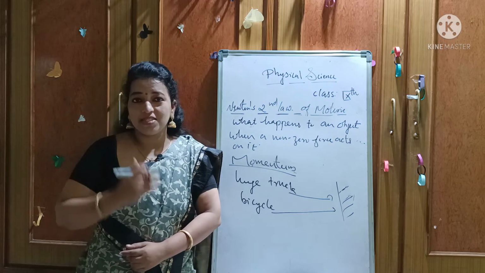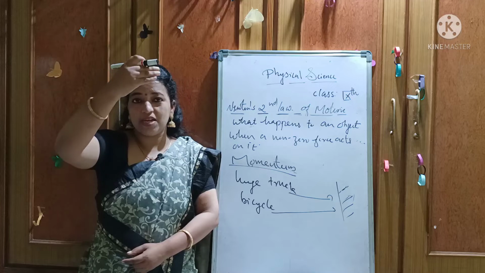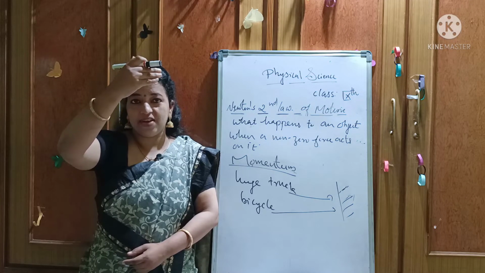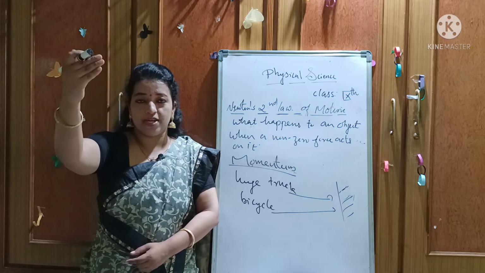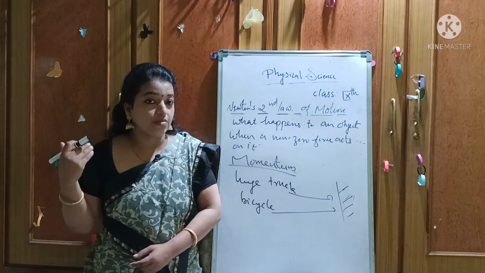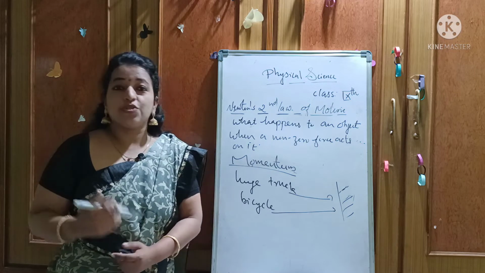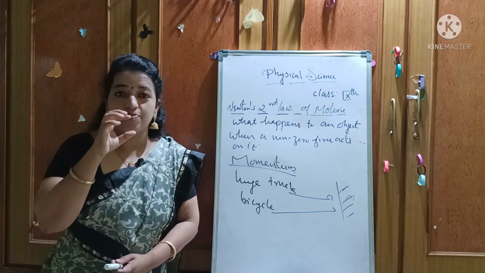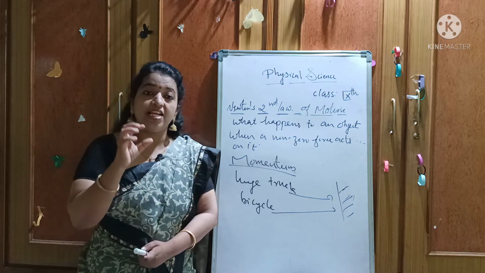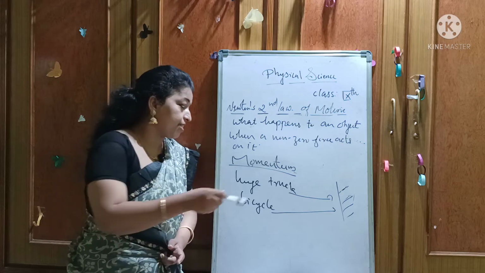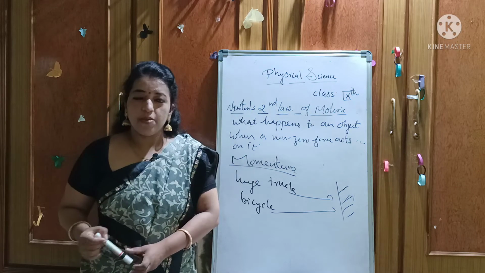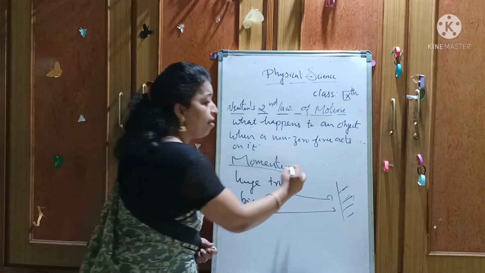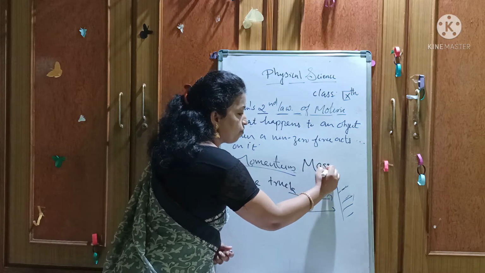Look at two examples. In the first example, I told you that mass is the factor, because of that it causes more damage. In the second one, because of the velocity it can. To explain these two examples, we need one term, and that term is called momentum. Momentum, simply, is mass in motion.